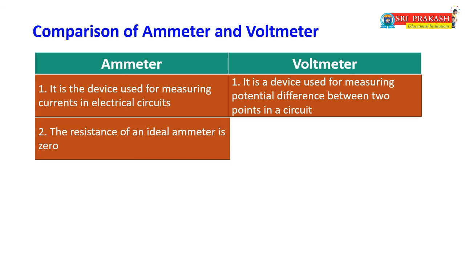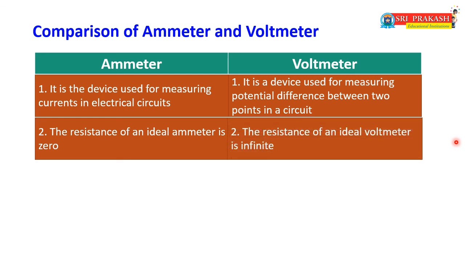Next, second point: the resistance of an ideal ammeter is 0. If the resistance is 0, the complete current will pass without any obstruction, and we can measure the exact current. Only then is it an ideal ammeter. It is a theoretical one; practically we can't give 0 resistance.